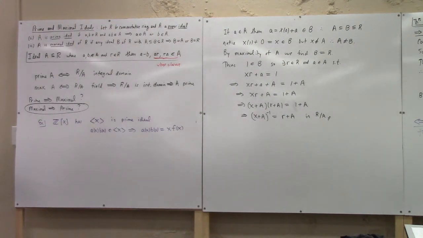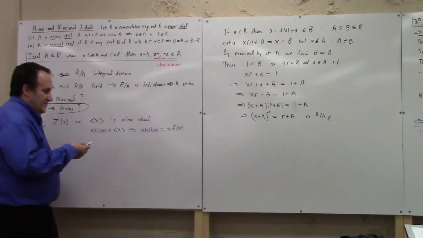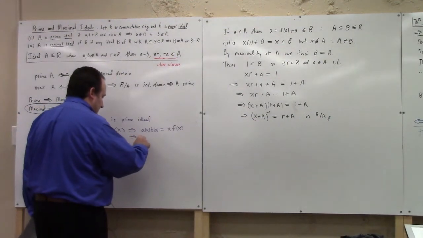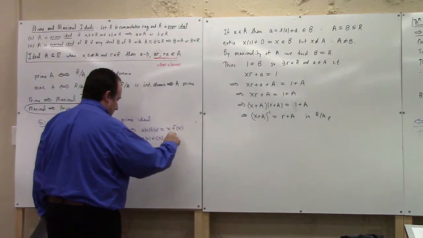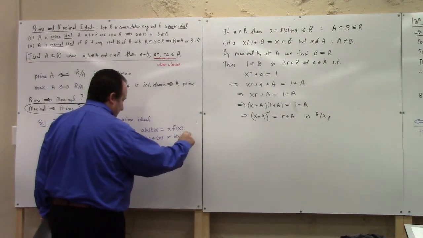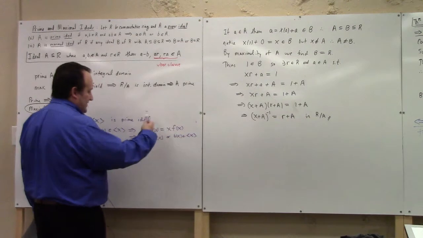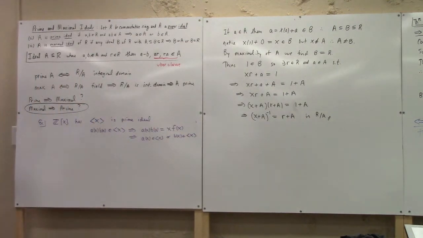So either a of x or b of x is a multiple of x, since the x has to go into one or the other by properties of polynomials. So either a of x is an element of this or b of x is, which means that the ideal generated by x is a prime ideal.